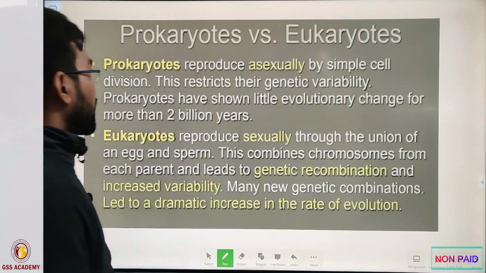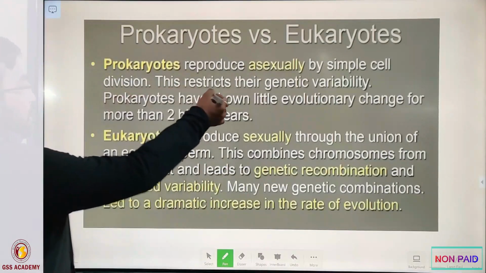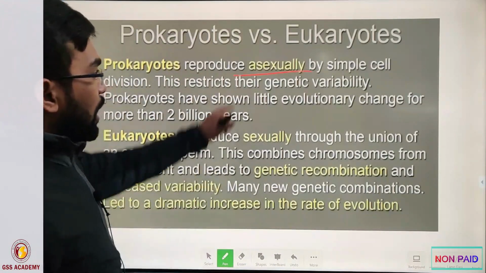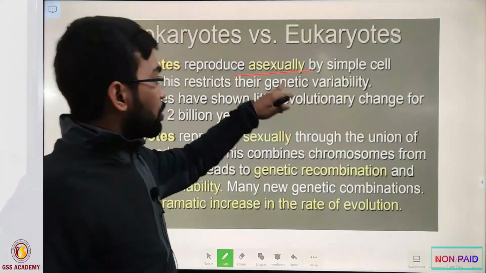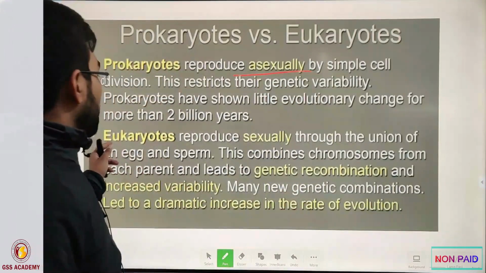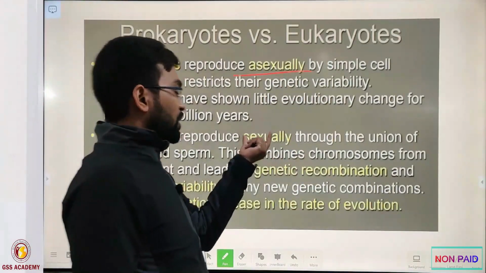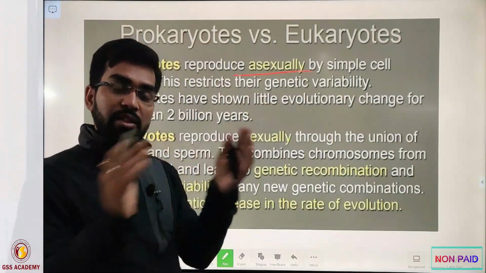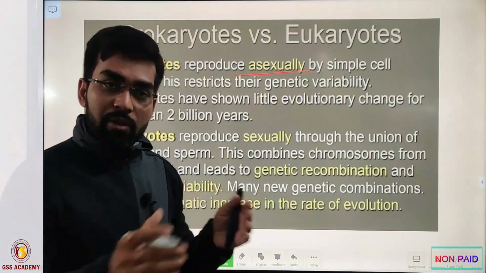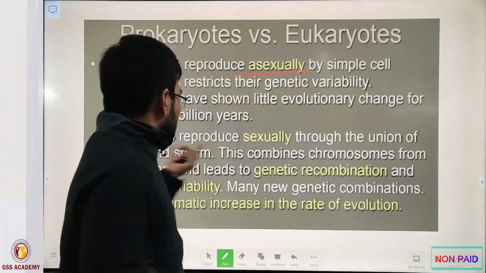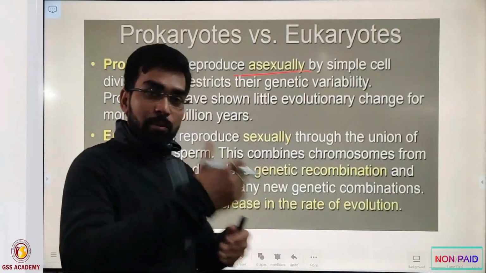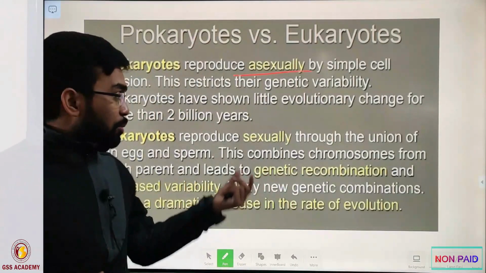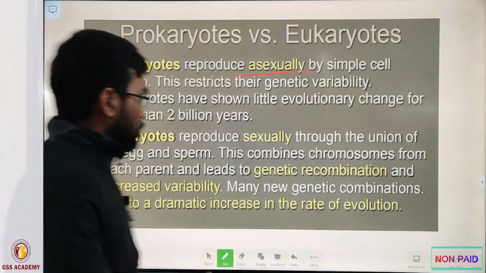Prokaryotic versus eukaryotic: you can look at the differences between them. Prokaryotic organisms reproduce asexually, while eukaryotes reproduce sexually. That is why prokaryotes are generally very simple and unicellular, while eukaryotes are multicellular and complex and can reproduce sexually.